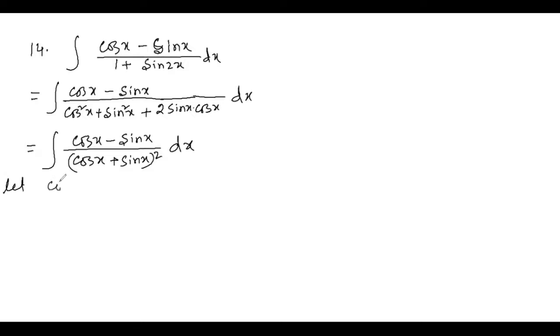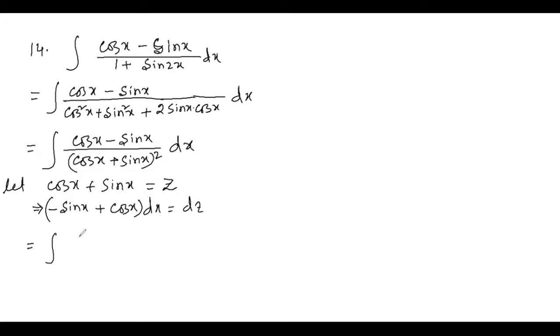Now what we will do? Let cos x plus sin x equal z or t, whatever you feel, you can consider. The derivative of cos x is minus sin x, plus the derivative of sin x is cos x, into dx equals dz. So next this one will be dz by z square.